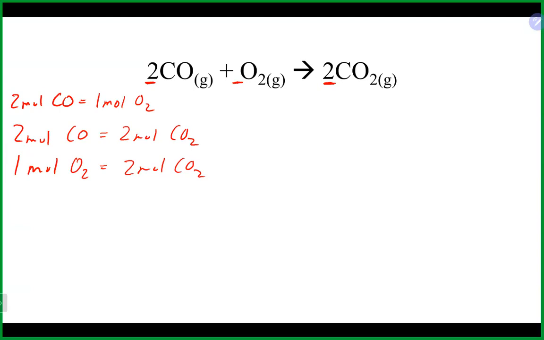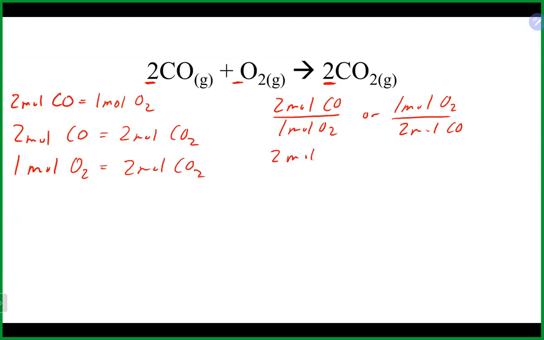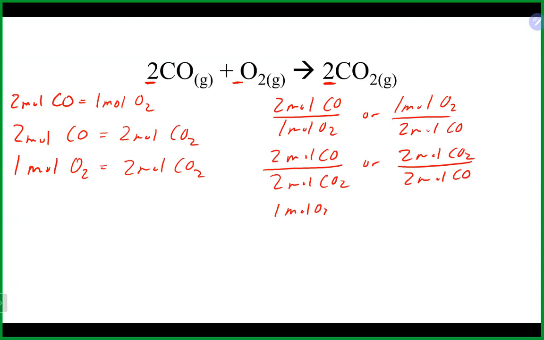We could again say, for example, here that 2 moles of CO over 1 mole of O2, or the other conversion factor that we could have is 1 mole of O2 over 2 moles of CO. For the second one, we could have 2 moles of CO over 2 moles of CO2, or 2 moles of CO2 over 2 moles of CO. And lastly here, we could have 1 mole of O2 over 2 moles of CO2, or 2 moles of CO2 over 1 mole of O2.